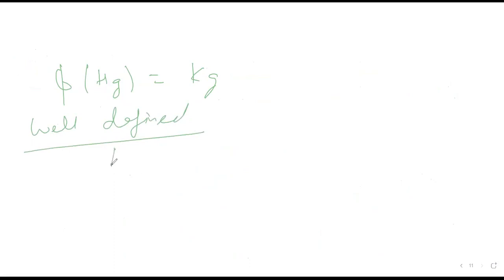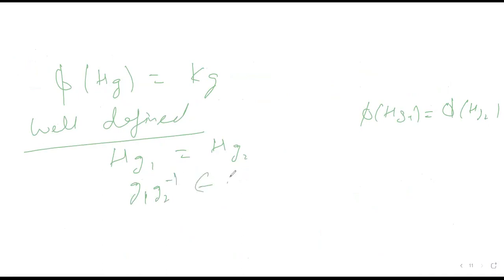How to prove well defined? You will take Hg1 equal to Hg2 and you have to prove what? Phi of Hg1 is equal to phi of Hg2, right? Again, property of coset: if Ha equals Hb, then ab inverse should belong to H. It means that g1 into g2 inverse should belong to H. Now what is given is H is a subset of K, that was given in the question.